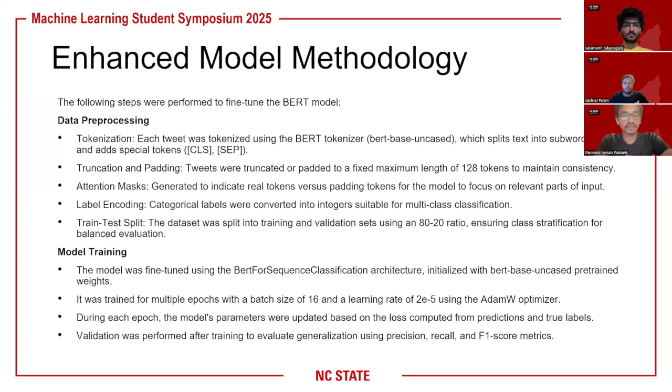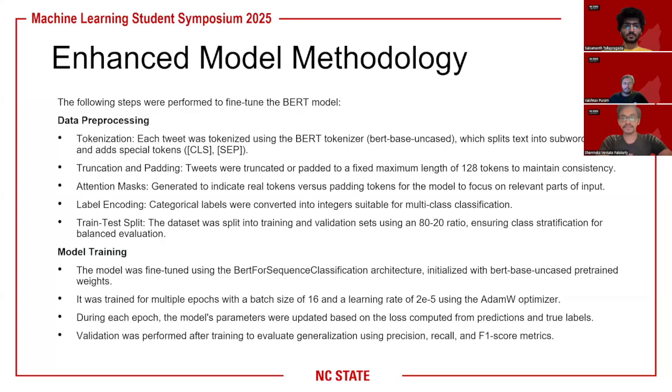The dataset was then split into the usual 80-20 split. We used the BERT for sequence classification model with the classification head on top of the CLS token embedding, with the Adam optimizer. We used the Adam optimizer because it helped in our previous model as well, so we continued with it.